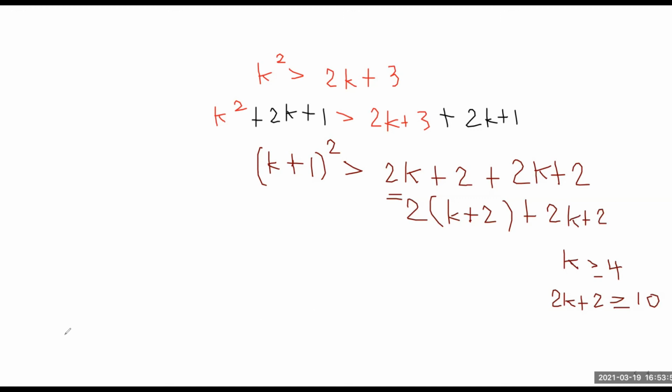So what does that mean? This implies, look how we can let all of this tie in now, that our k plus 1 all squared is bigger than 2 times k plus 1 plus, now this 2k plus 2, we're going to replace it with 10 because it must be bigger than 10.